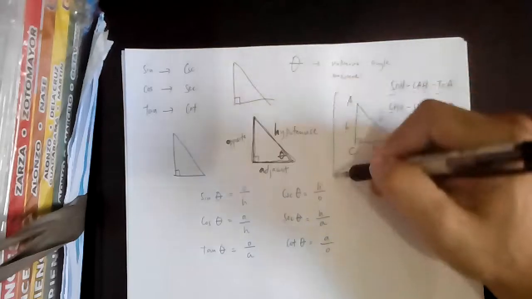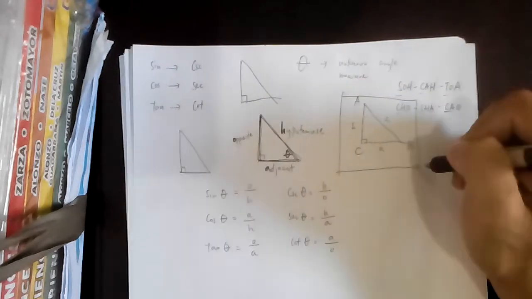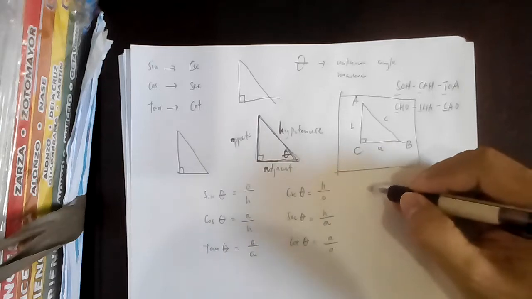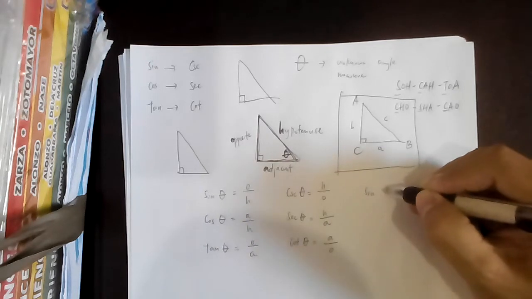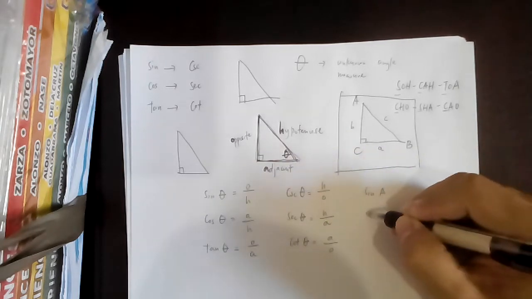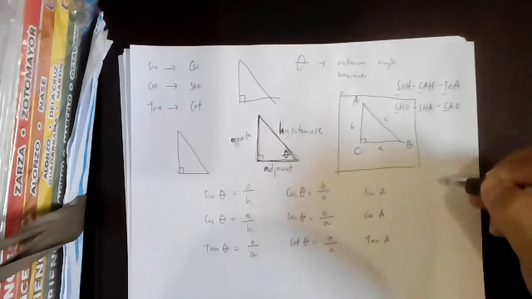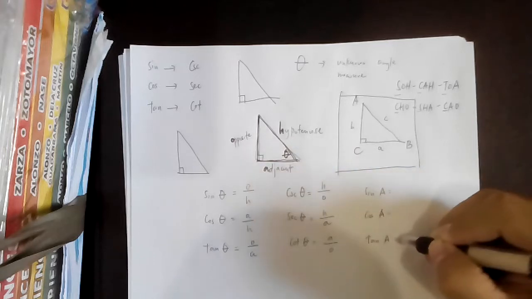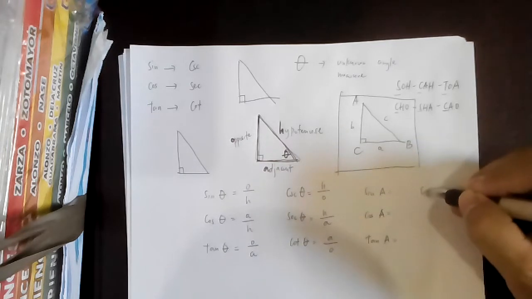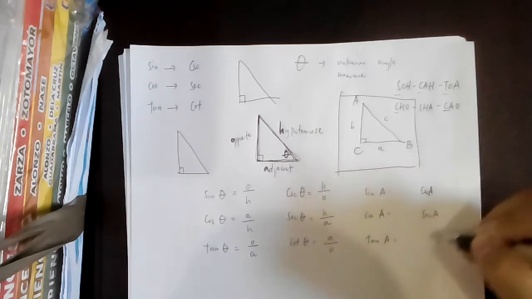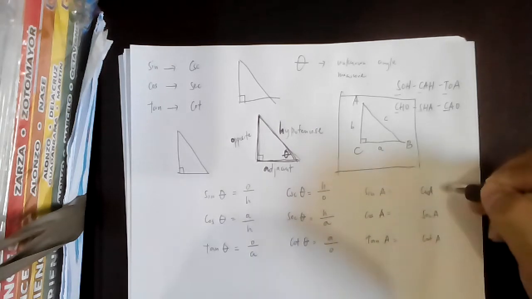Now, kung babalikan natin itong figure na to, ang una nating pag-aaralan ay yung angle A. So, kunin natin yung 6 trigonometric ratios ni angle A. So, sine A, cosine A, tangent A, kunin din natin yung kanilang reciprocal, cosecant A, secant A, and cotangent A.